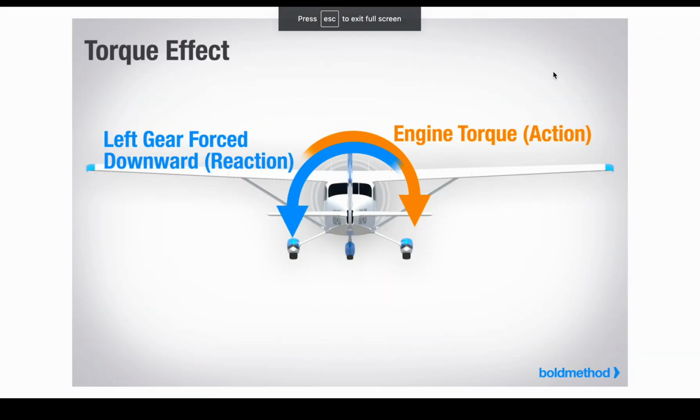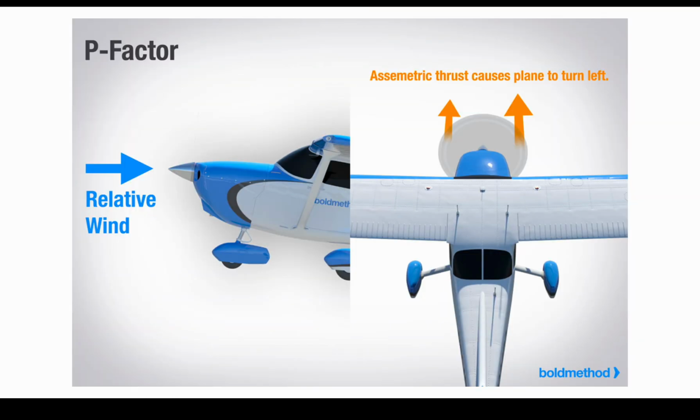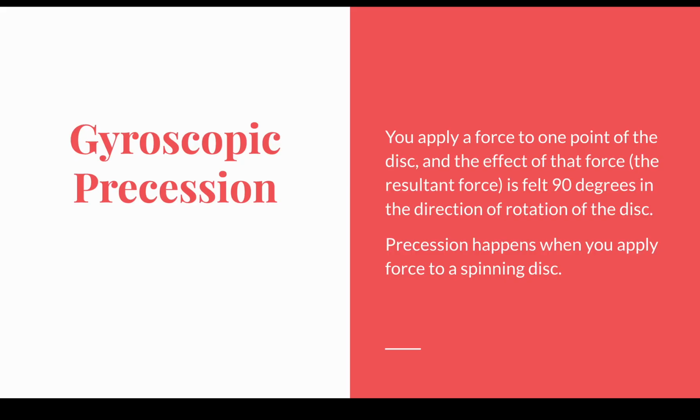The next one is P factor. The downward sweeping blade has a much higher angle of attack than the upward sweeping blade. So basically one side of the spinning propeller has more thrust than the opposite side due to the angle of attack as it's taking that downward bite of air. Gyroscopic precession, you don't see that as much.